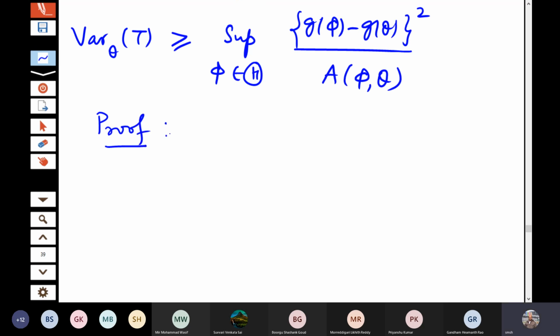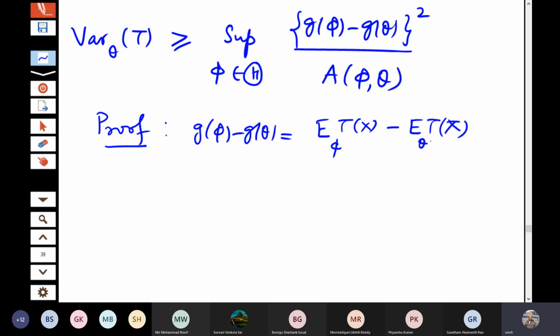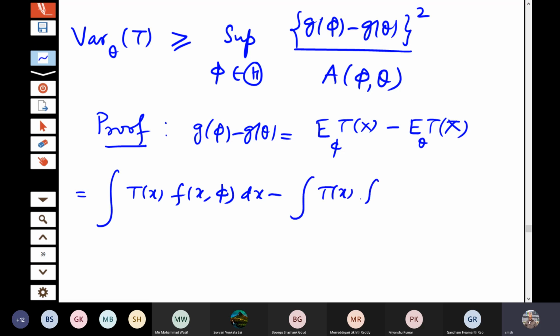So let us look at the proof of this. g(phi) minus g(theta), that is the expectation of T(X) when the parameter is phi minus the expectation of T(X) when the parameter is theta. So this is nothing but the integral of T(x) f_X(x; phi) dx minus the integral of T(x) f_X(x; theta) dx. So these terms we combine together.